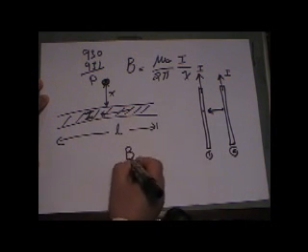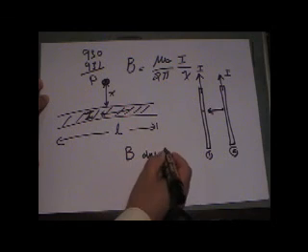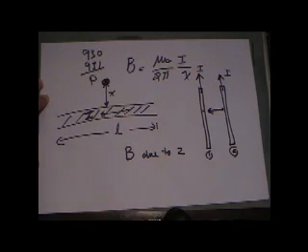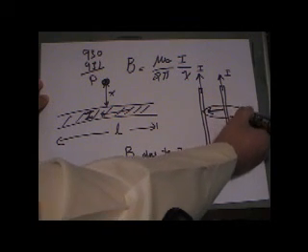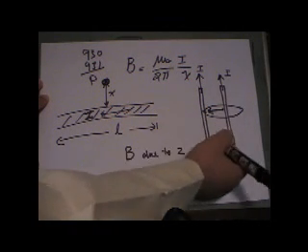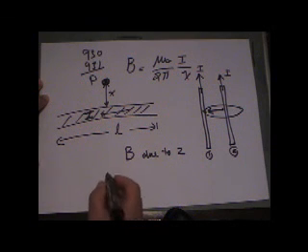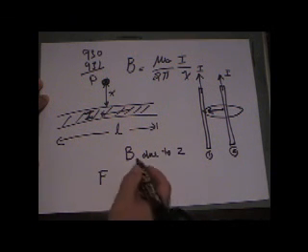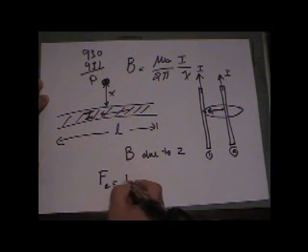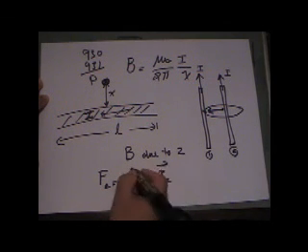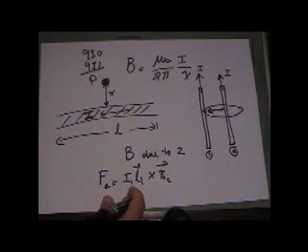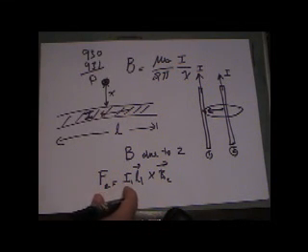By first calculating B due to 2, using this formula here. Once I calculate B due to 2, I say the force is equal to I1 L1 cross B2. That's how I do that, and that's why this formula is very important.